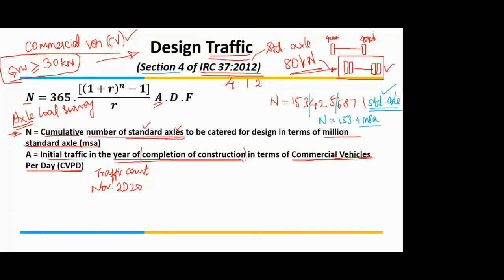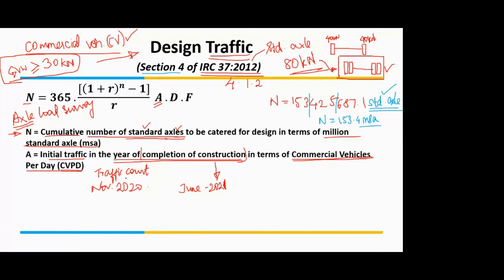Suppose the completion of construction will take some time, so let's say June 2021, the highway will be constructed. So in between what you have is 7 months.